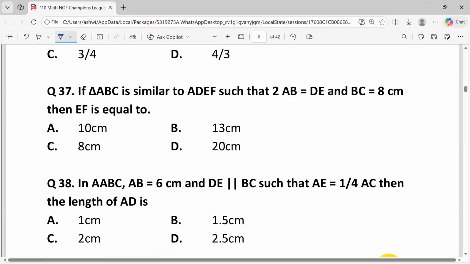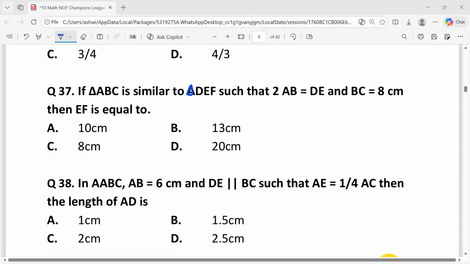Question 37. If triangle ABC is similar to triangle DEF such that 2AB is equal to DE and BC is equal to 8 centimeter, then EF is equal to. Again going through the question.